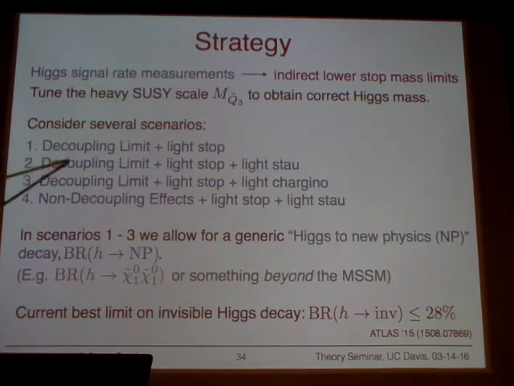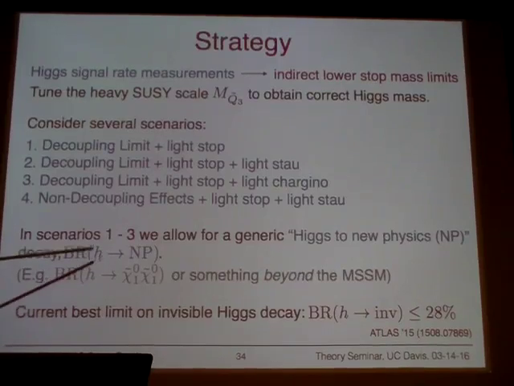In these first three scenarios, we also allow for a generic Higgs to new physics decay mode. In the MSSM, this could be something like Higgs to neutralinos, which would give you an invisible final state if R parity is conserved. Or you can think about some beyond-the-MSSM decays. We are pretty agnostic about this.